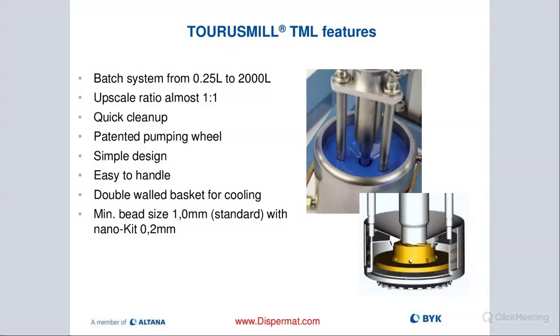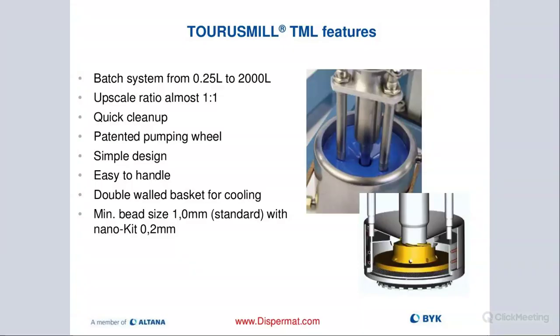So a TML is great because I can do the milling in the lab, but then I can scale that up to production and have almost a one-to-one upscale ratio, which is really nice, allowing me to rely on the R&D data and then scale that up to production. Again, cleaning is so much easier on a basket mill versus a horizontal mill.